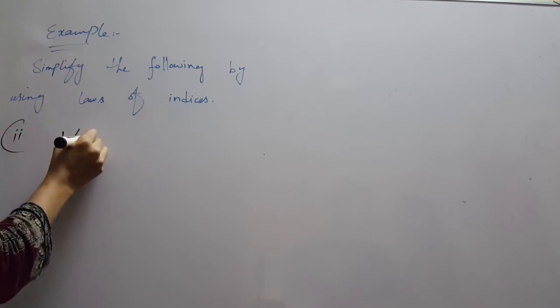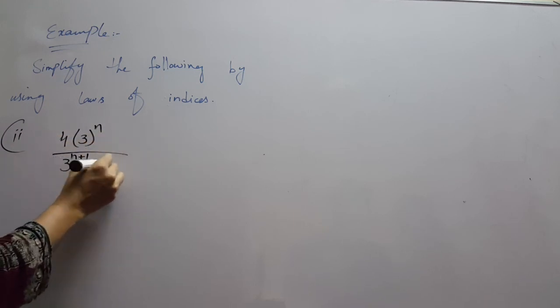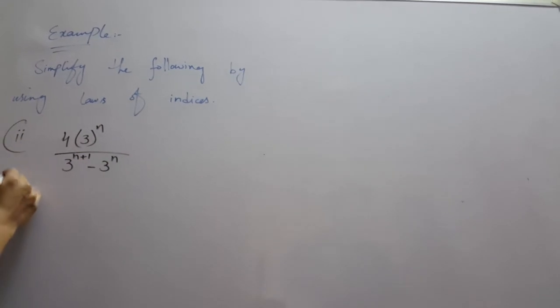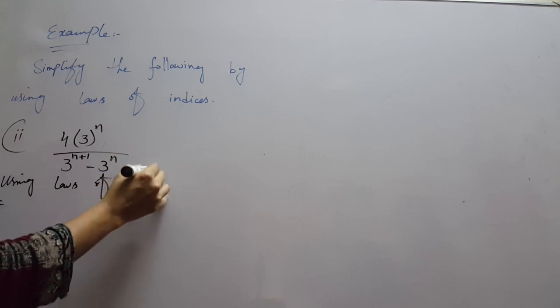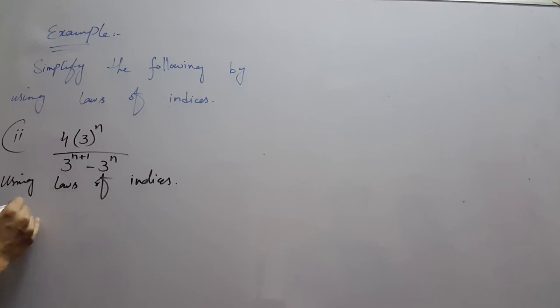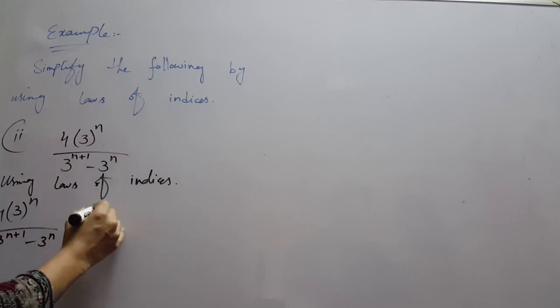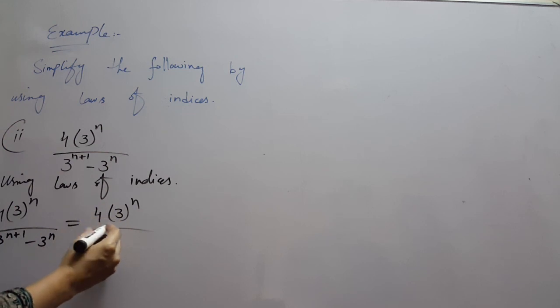4 into 3 raised to power n over 3 raised to power n plus 1 minus 3 raised to power n. Using laws of indices, we can take 3 raised to power n common.